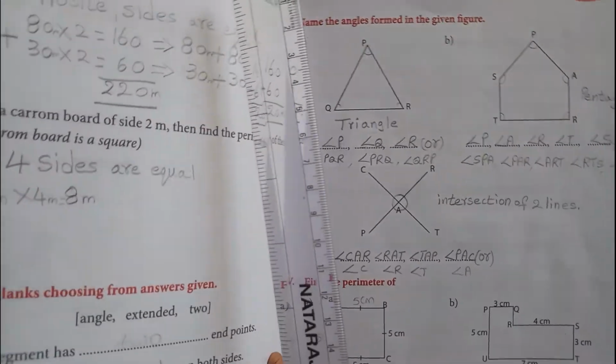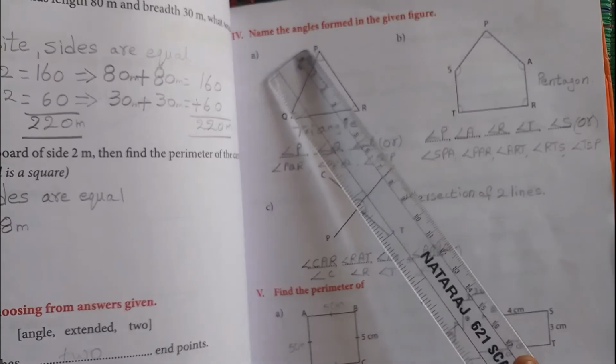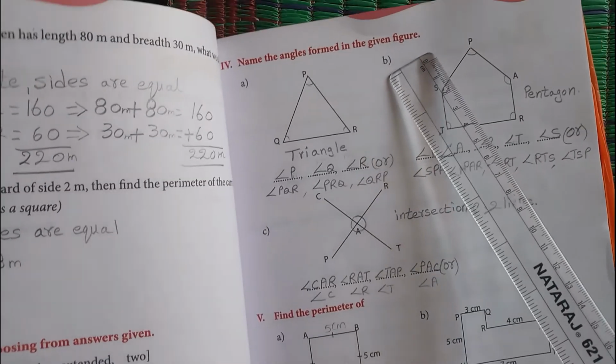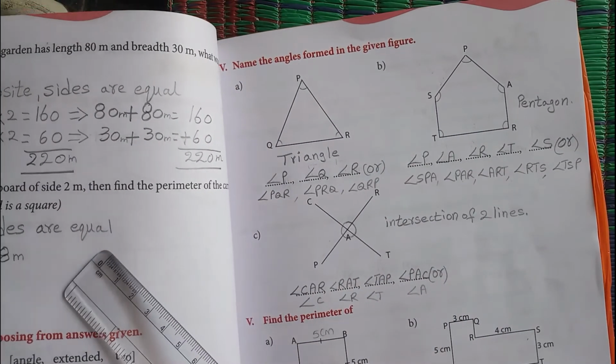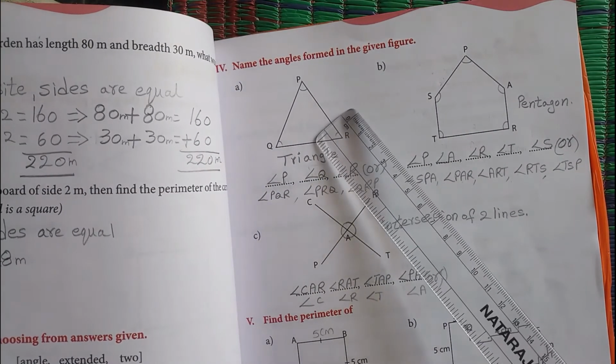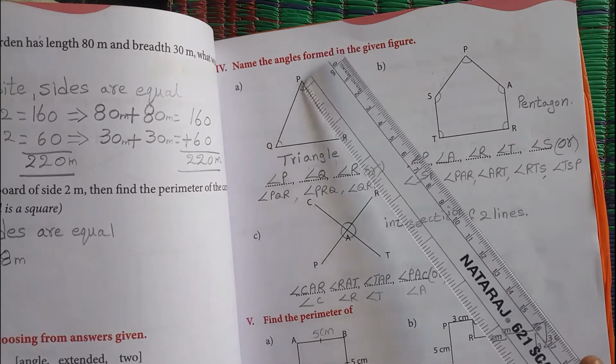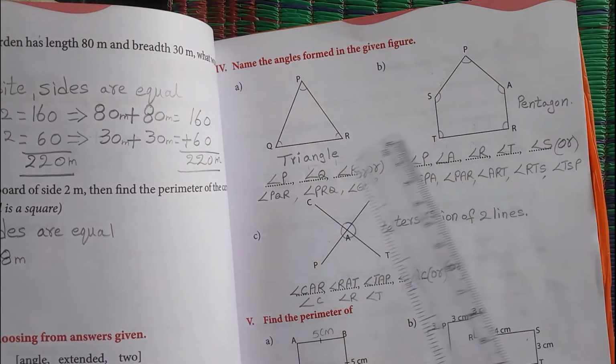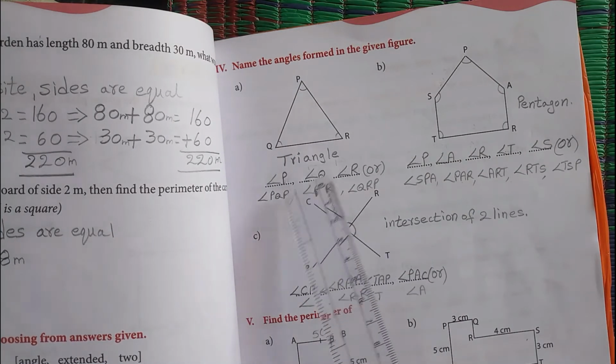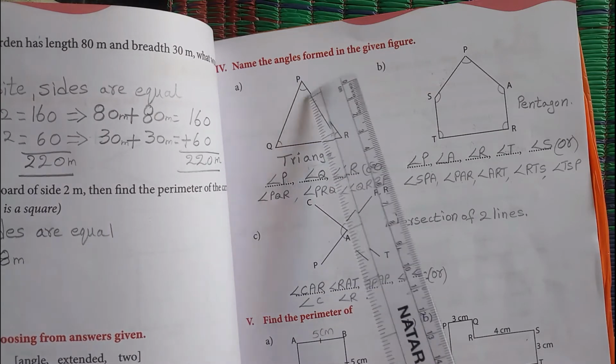Here fourth question, they have given name the angles formed in the given figure. Now here see, they have given a triangle and they have given the names as PQR. Now in mathematical version, how we call this? We can't say PQR.